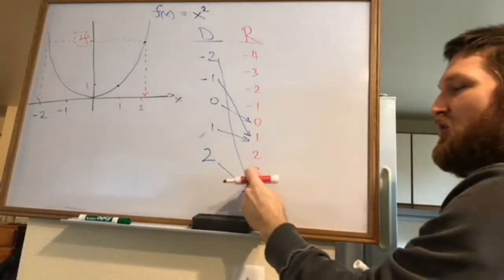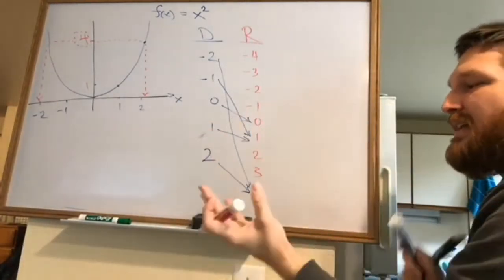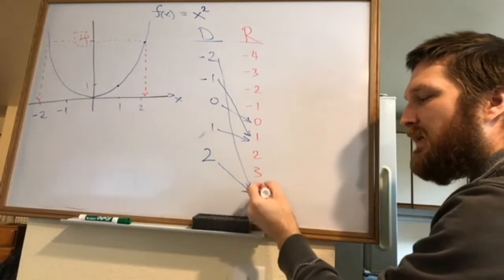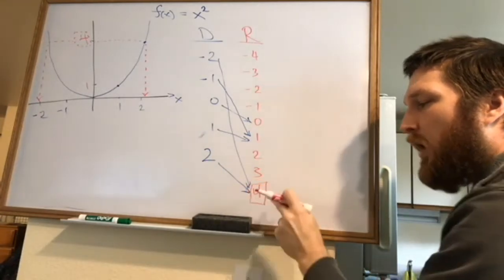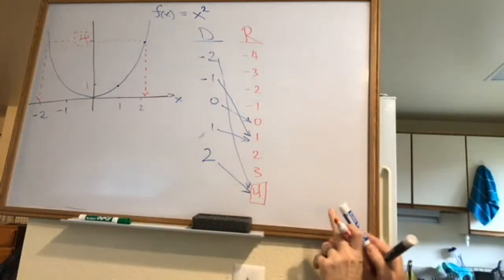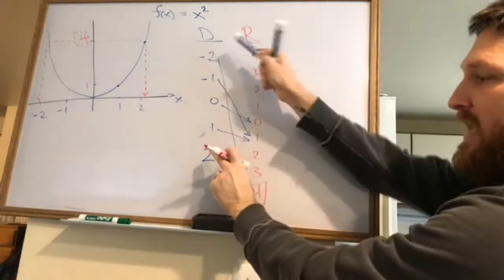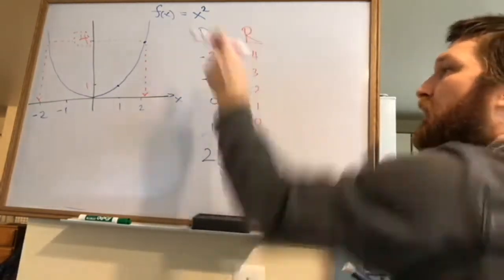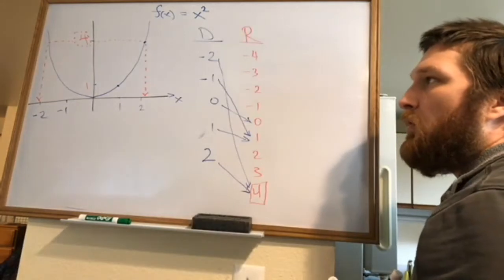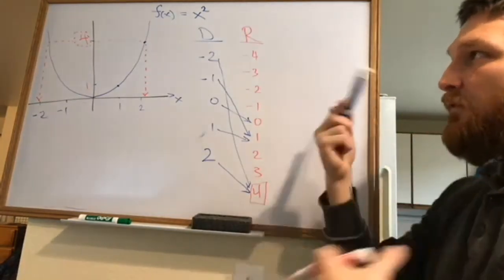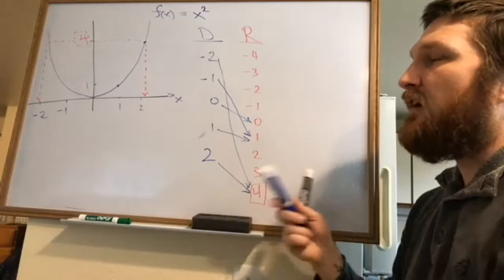If we want to go backwards, now we no longer have a function, because with one input here, to go back, we have 2 places it could have come from. So the inverse of this is not a function.